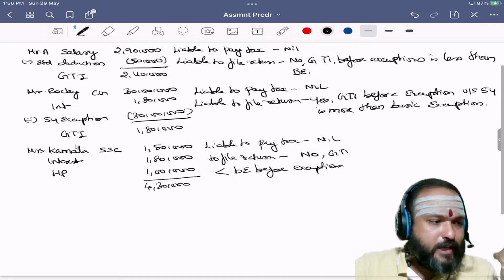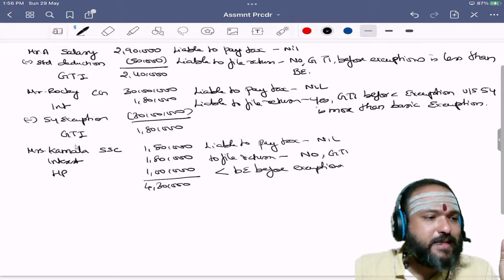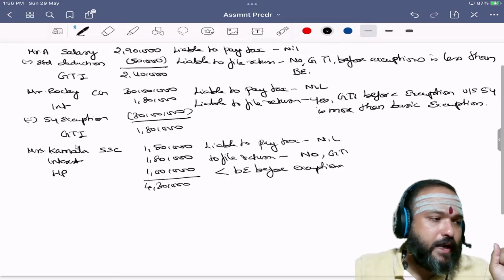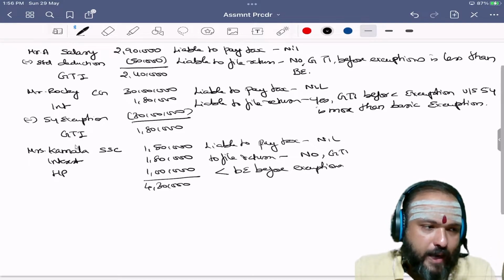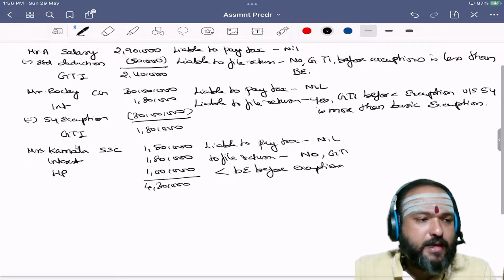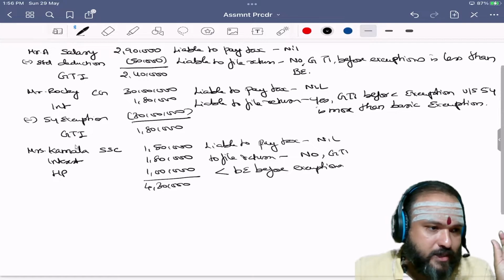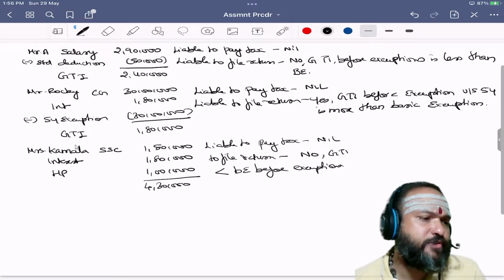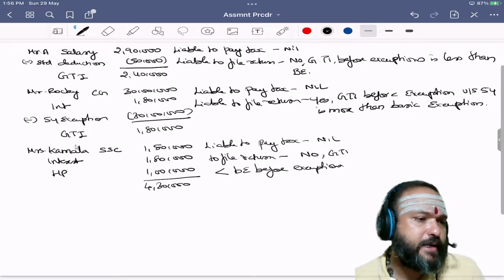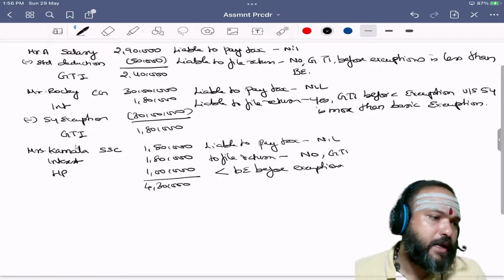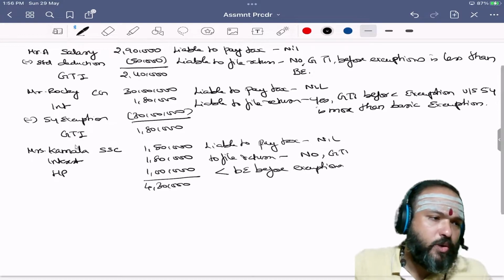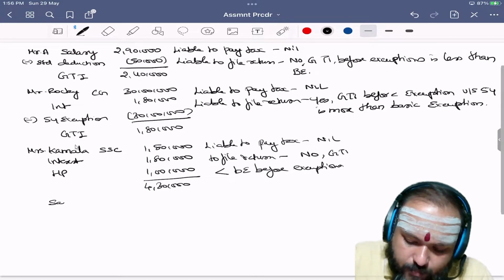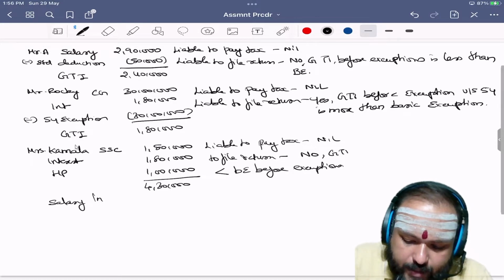So next one, Mr. Sarvesh has salary income of rupees 5 lakhs and house property loss of rupees 1 lakh, and he also has interest income of rupees 2 lakhs. He claimed deduction under section 80C for 1,50,000 and section 80D for 50,000. Comment on his tax liability. So, what is his salary income?